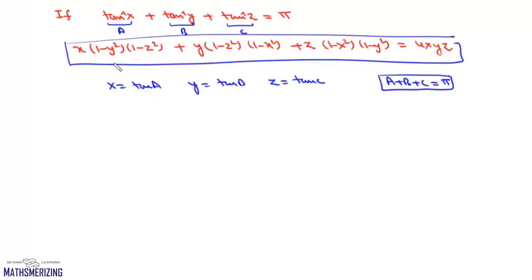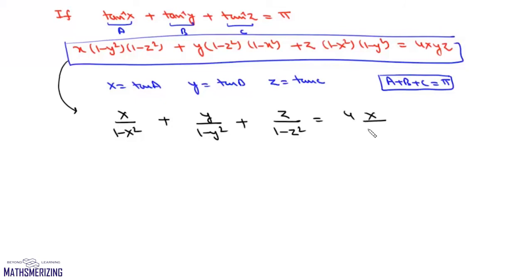Now what we'll do here is we'll divide everything with 1 minus x square, 1 minus y square, and 1 minus z square. Then we can write this as x upon 1 minus x square plus y upon 1 minus y square plus z upon 1 minus z square, and here it will be 4 times x upon 1 minus x square, y upon 1 minus y square, and z upon 1 minus z square.